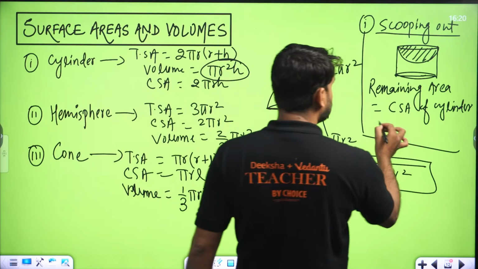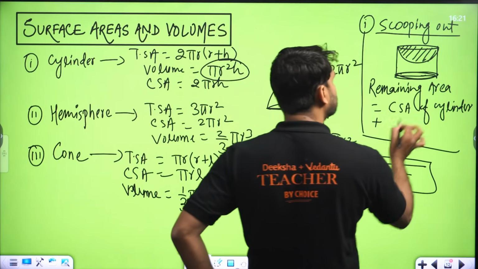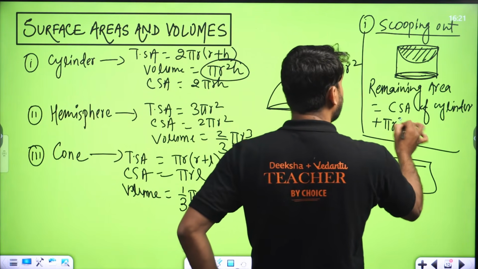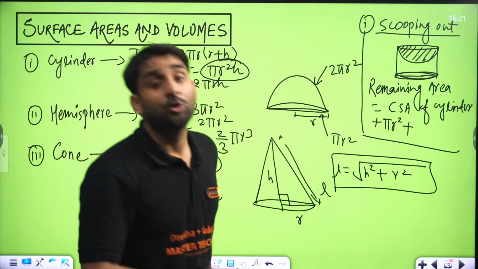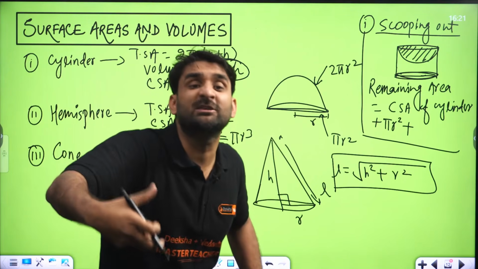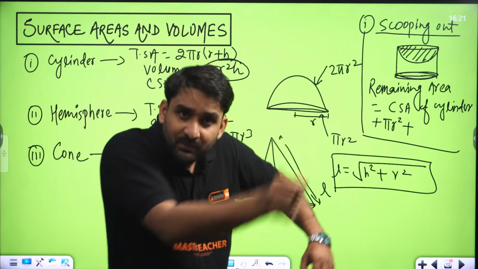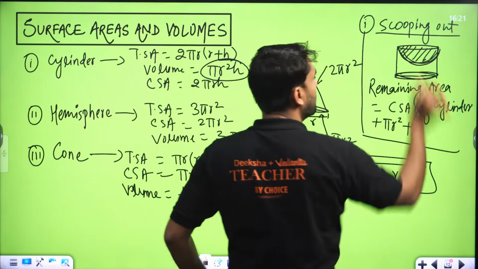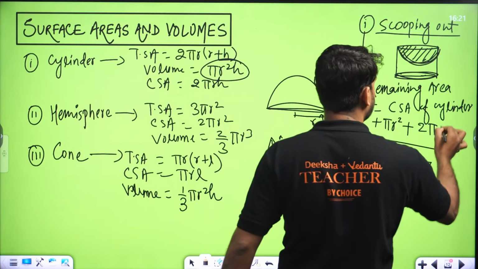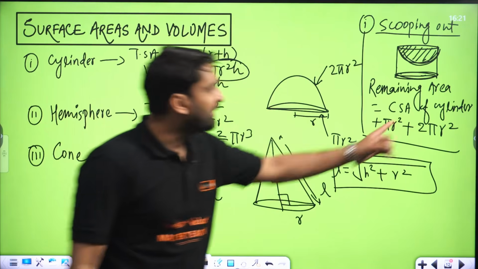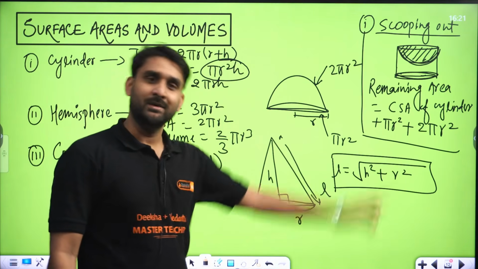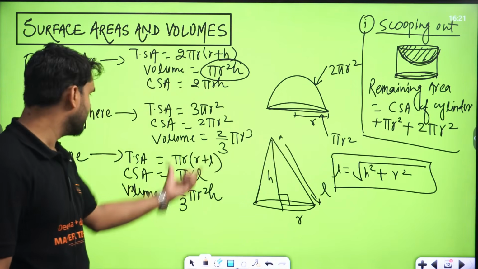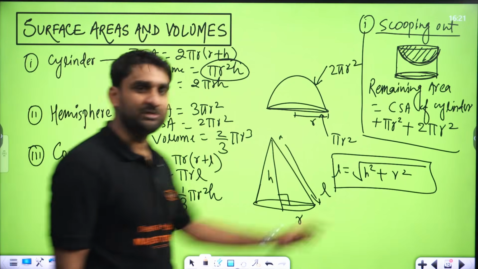Plus this circular base, so pi r square, and plus the newly exposed area. The hemispherical scoop is newly exposed, and its curved surface area will be included, so plus 2 pi r square. This is the curved surface area of the hemisphere, 2 pi r square. So this is all about it.